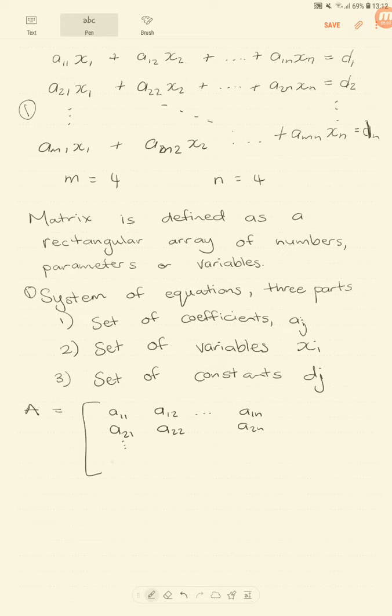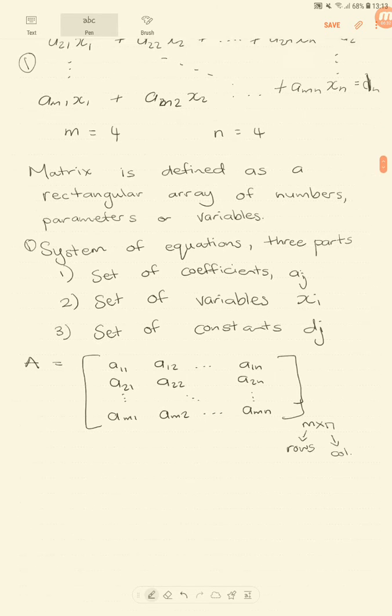And we take this down in our matrix to Am1, Am2, Amn. In this case, our matrix is an m by n matrix, which means it has m rows and n columns.